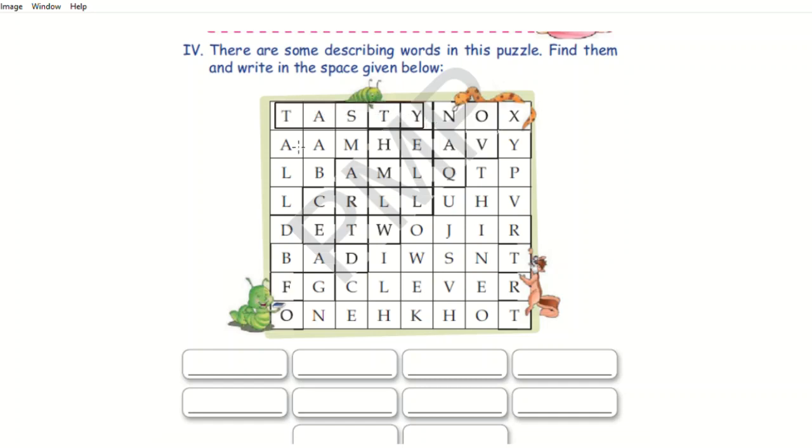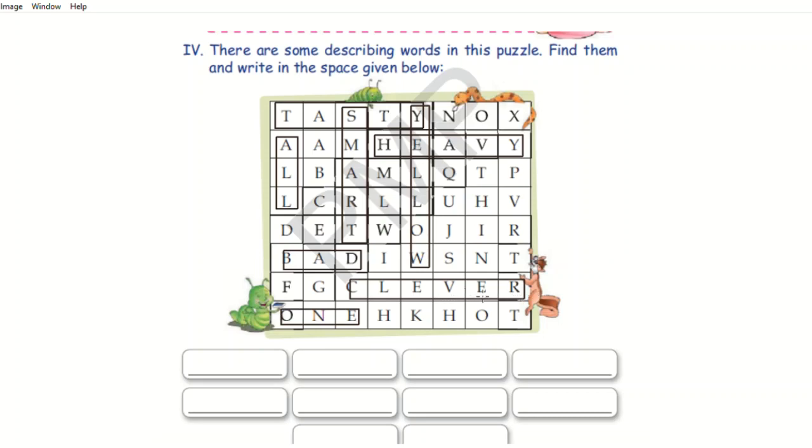Tasty, all, yellow, smart, heavy, bad, clever, one, hot, and two.